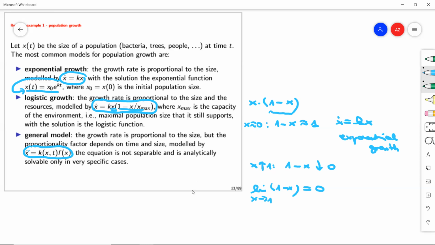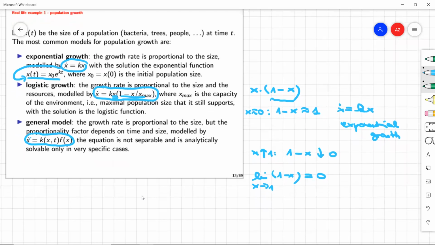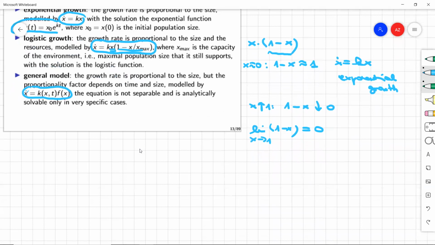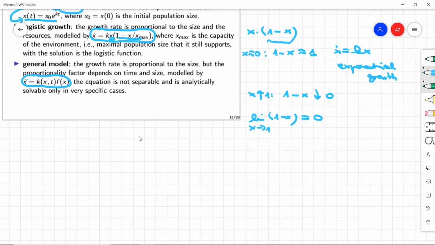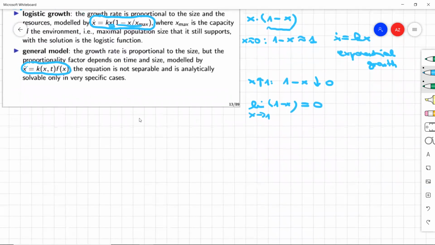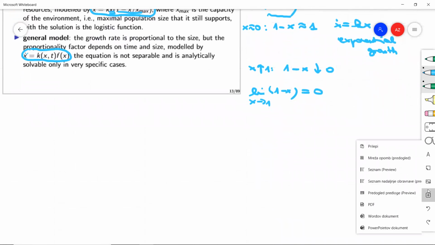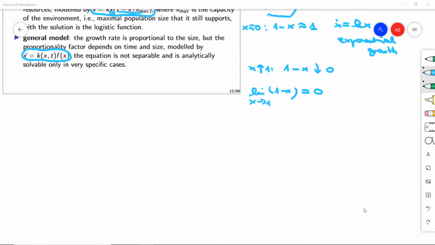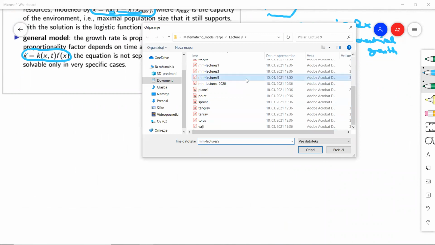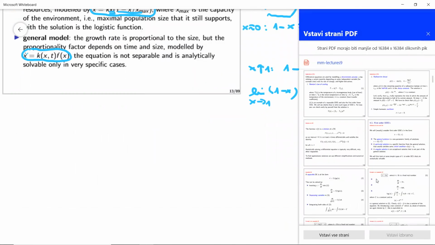And there is also another way of using those two models, kx and x times 1 minus x, when studying information spreading. This is explained on the next slide.